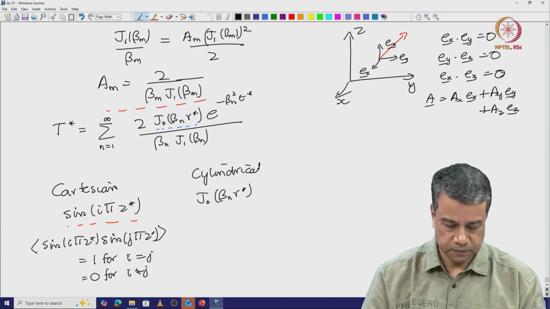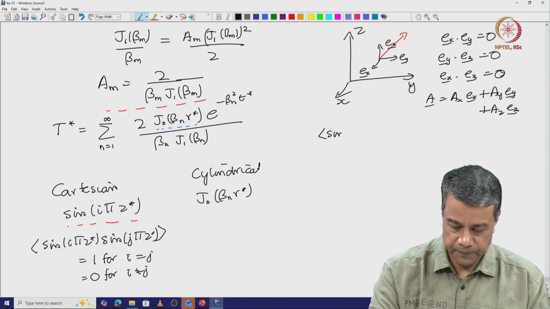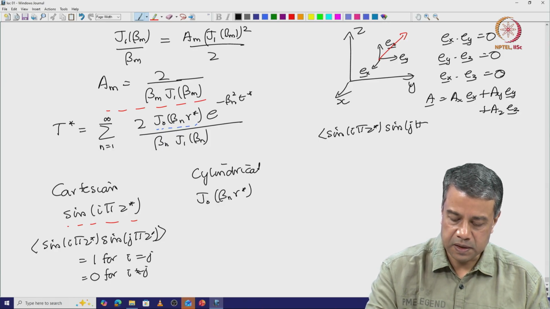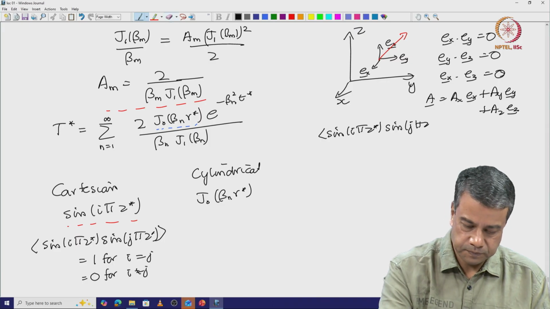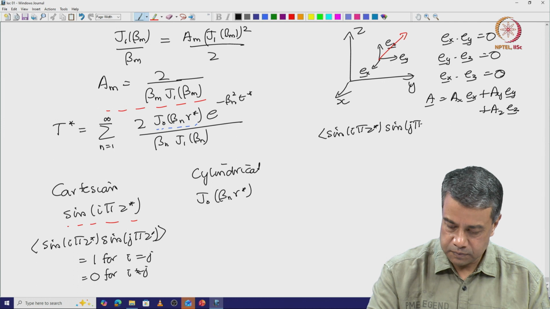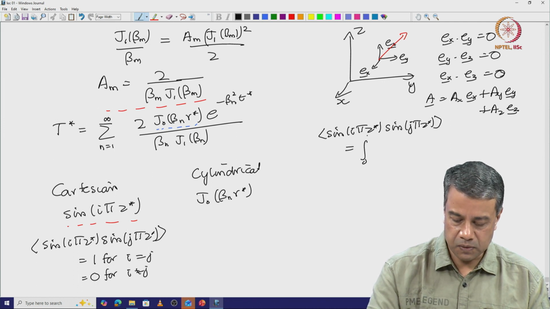Here the inner product of sine i pi z and sine j pi z is defined as the integral from 0 to 1 dz.